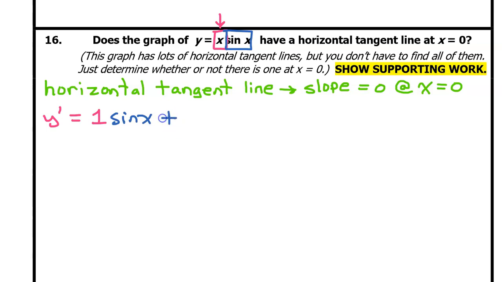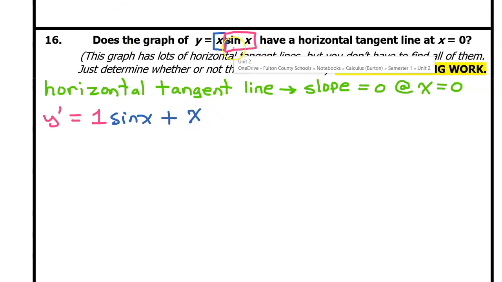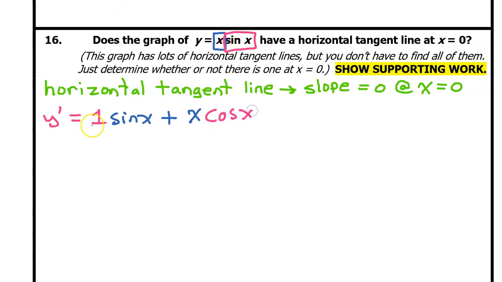Then I put a plus sign, and then the second time through I switch that up. I'm going to leave the first factor the way it is while I take the derivative of the second factor. So I'm leaving the first factor alone, and now the derivative of sine is cosine. So that's the product rule, and I now have the derivative.